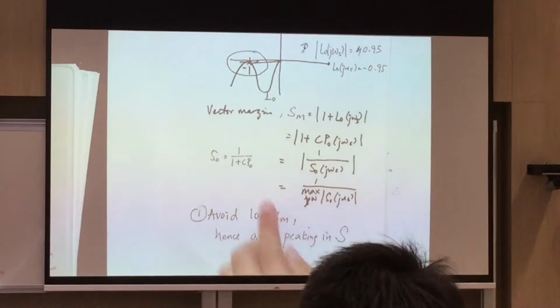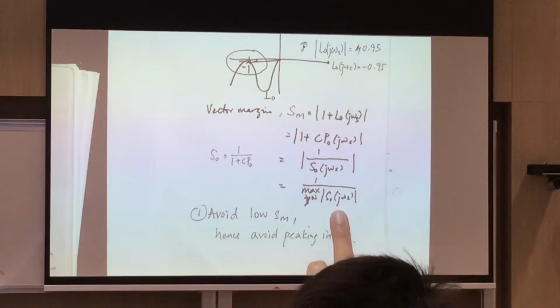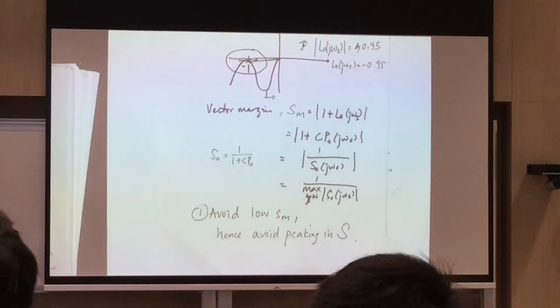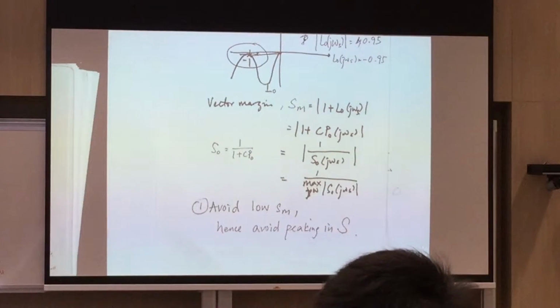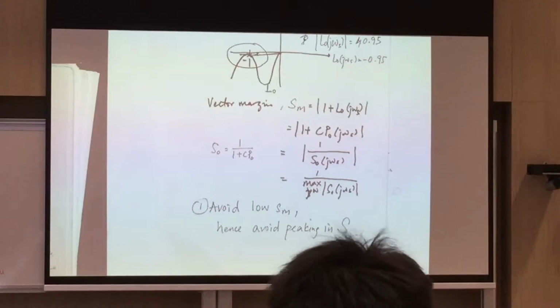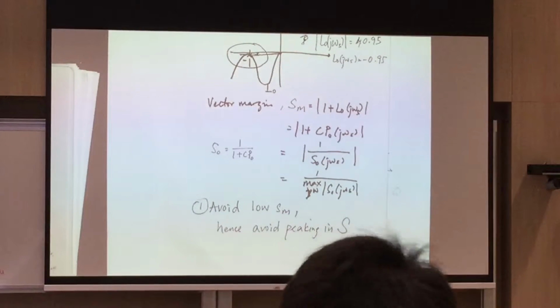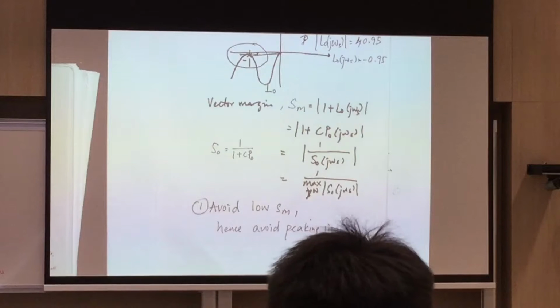You can derive that this is equivalent to 1 over the maximum value of the sensitivity function. Alright, and with this inverse relationship, you are aware that you don't want your Nyquist plot to be near -1. Okay, you don't want your Sm, the vector margin, to be small. So if you want that to be large, you do not want the sensitivity function to peak.